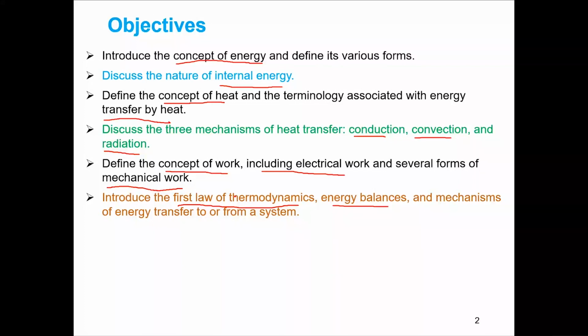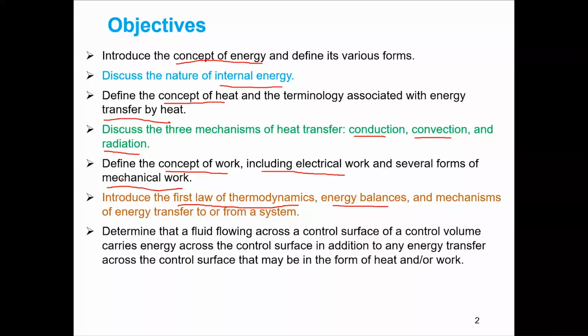A term that will be frequently used, that is part of the flowing fluid, is, other than the heat and work interactions, which are the transfer mechanisms, we'll look into the fluid flowing across a control surface in a control volume. We'll look into another term of energy transfer, which is the fluid energy.